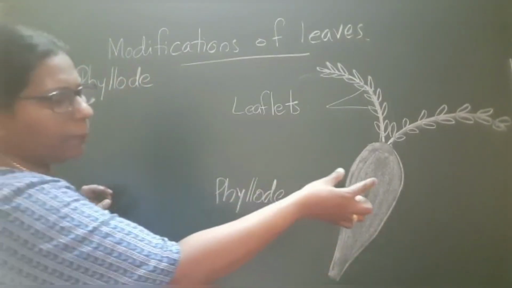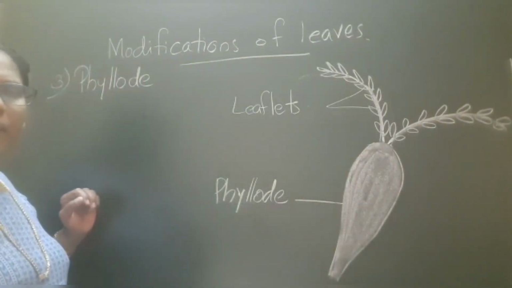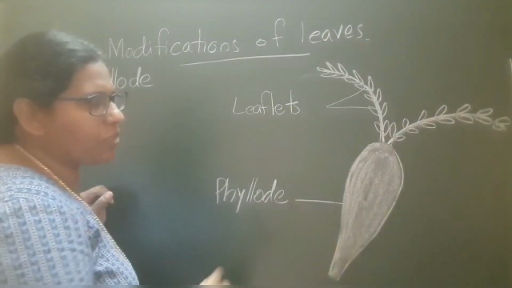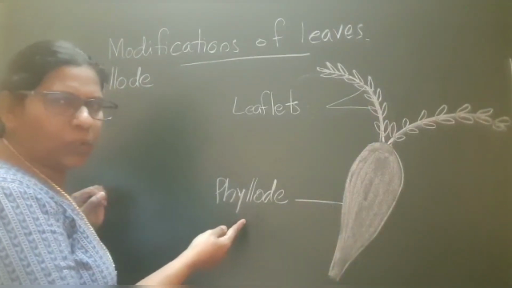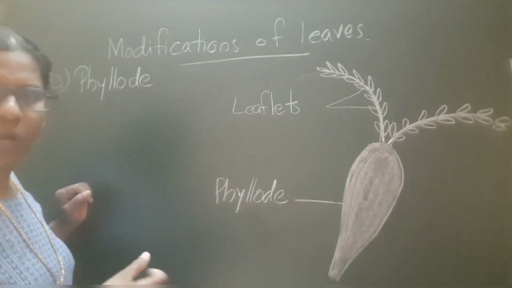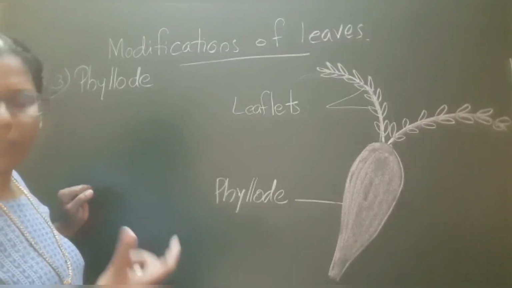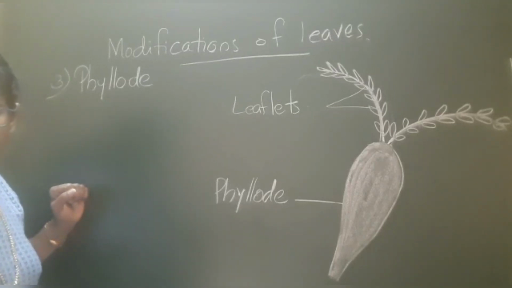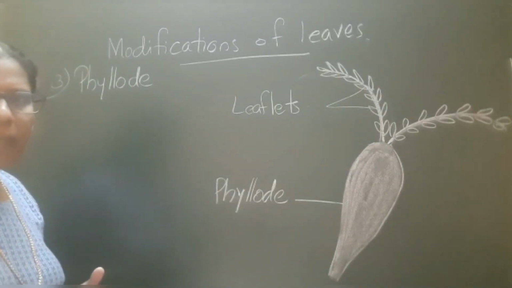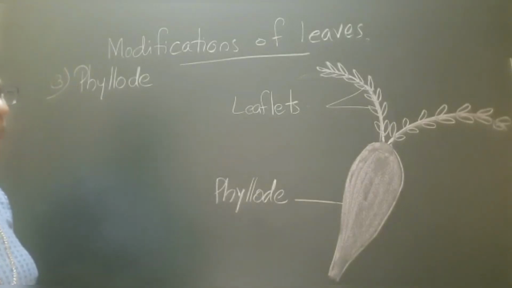This petiole is broadened into a green, flat structure. Green and flat structure, that is called phyllodes. This phyllodes helps the plant to conserve water. It doesn't allow the water to be lost from the plant. That is the function of phyllodes.